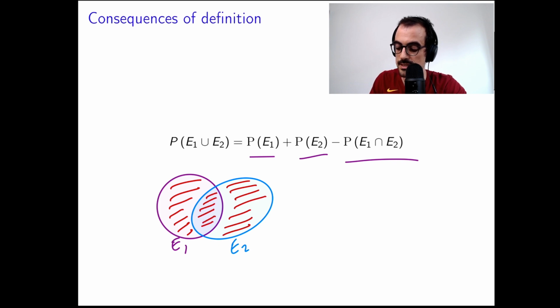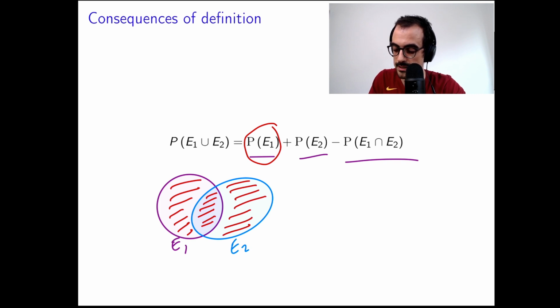Let me call these A, B, and C. I should choose a more visible color, so I'll do this in black.